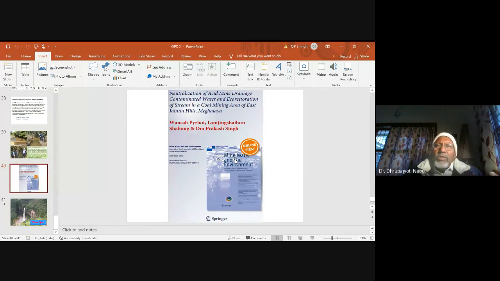Ash is also a little bit alkaline, and since it is easily available, people have used fly ash from coal thermal power plants, and that is also working, but it is not as effective as limestone, because its alkalinity is very low. That's why it is not very effective.